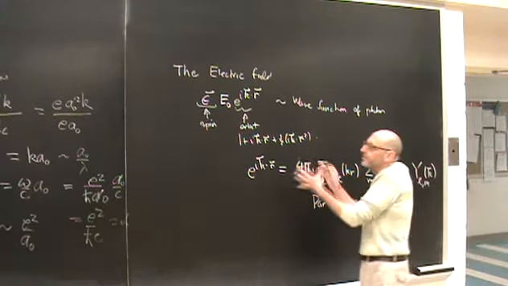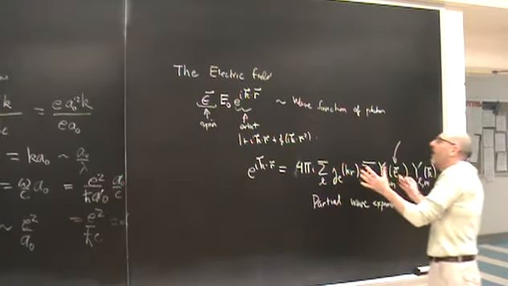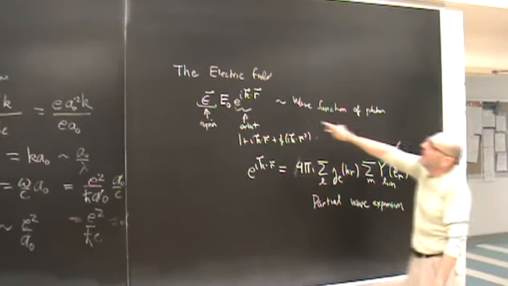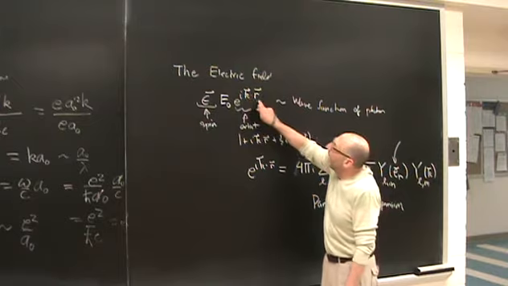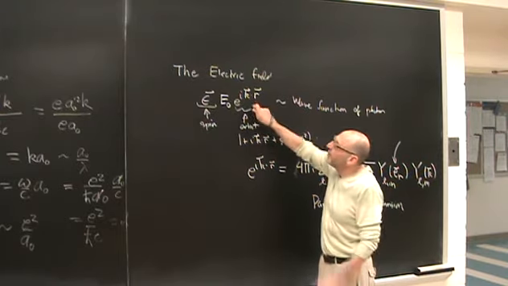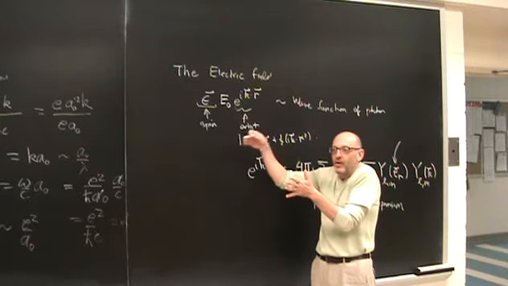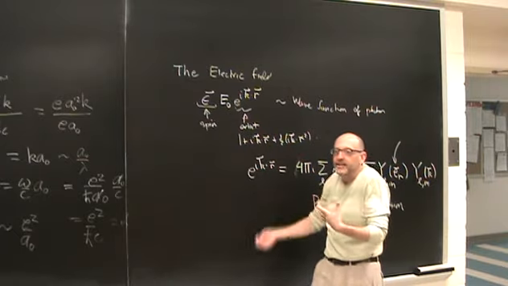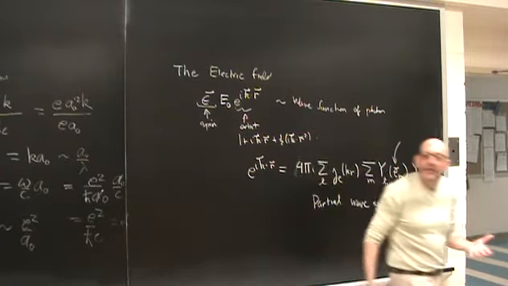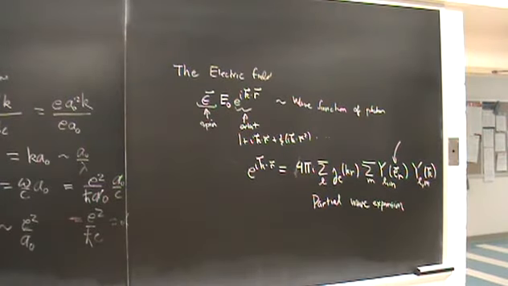Of course, this is a small effect because it depends on the variation in the amplitude of this field over the extent of the atom. And that's a small effect. So generally, this is not a big effect unless you make it so.